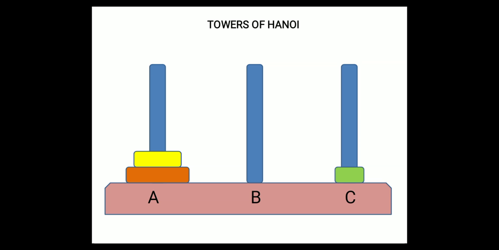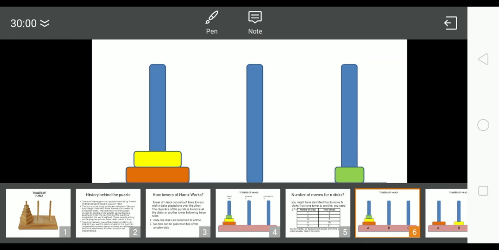It is not violating the rules, because the first rule is that you move only one disk at a time, and the second rule is that you should not place a larger disk on a smaller disk. So the move is valid. Since I have taken 3 disks, the maximum number of moves that you need is 7.